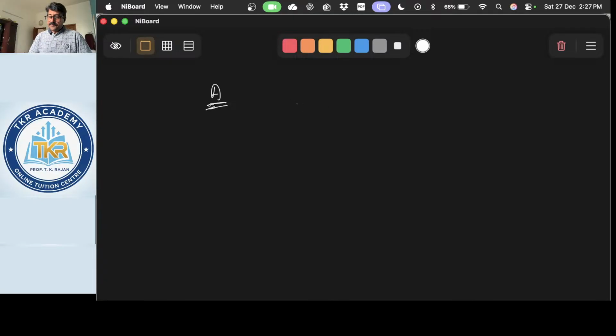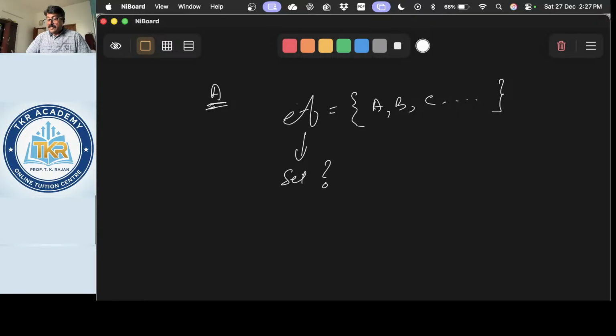Suppose A is a collection of all sets A, B, C, like that. All sets you take. That is, every object in this collection is a set. Now the question: is this A a set? It's a collection. Is this A a set?